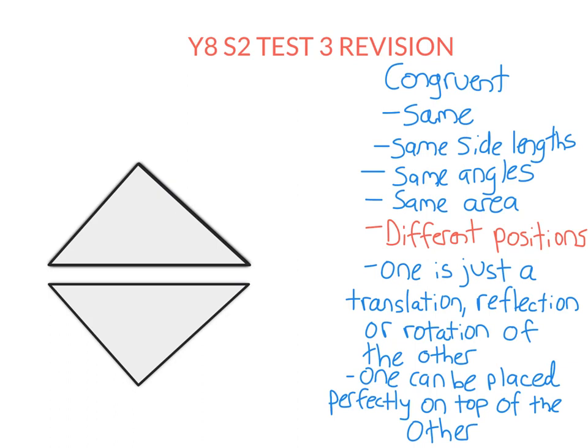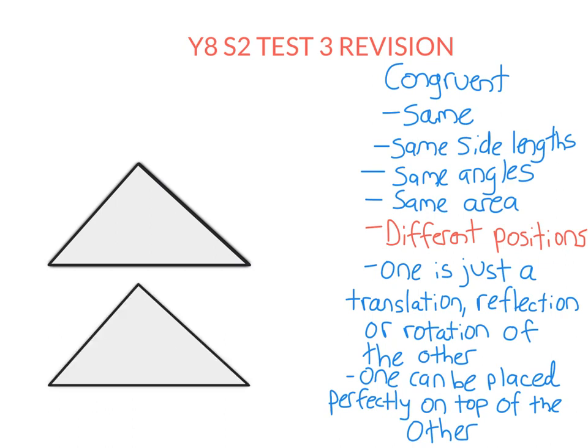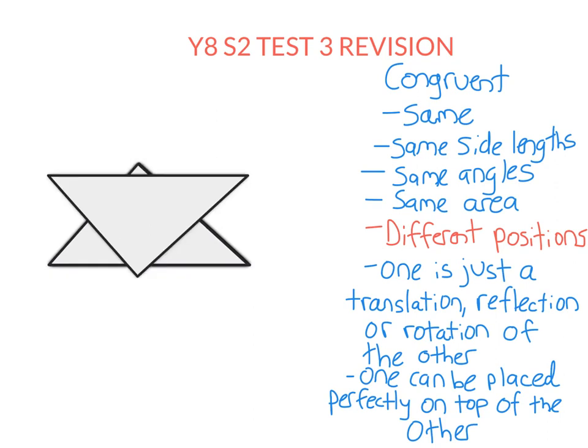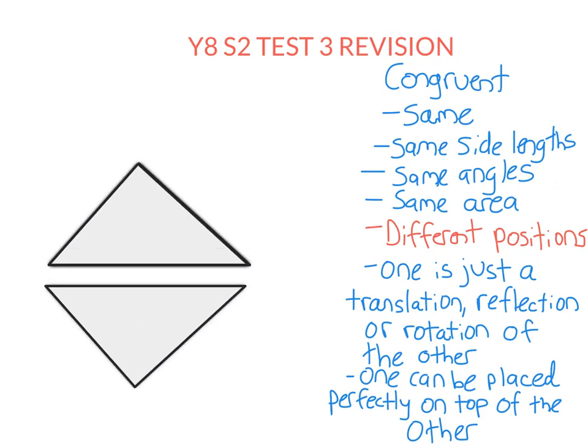So if we look at the shape on the bottom, if I reflect it again, I get something like this, and I can place that perfectly on top of the other. That's why they are congruent. So I can take this shape, as I showed before, I can reflect the shape, which means flip it.